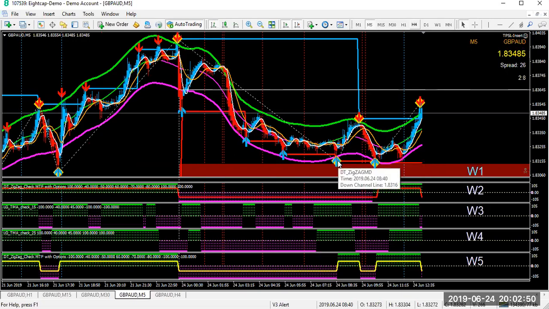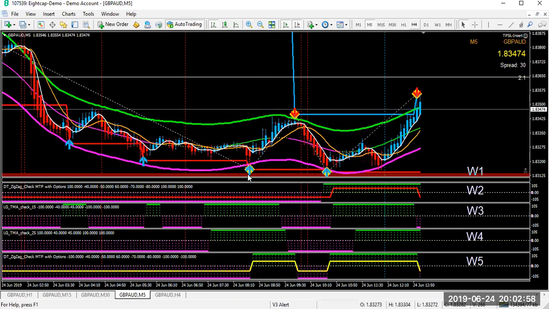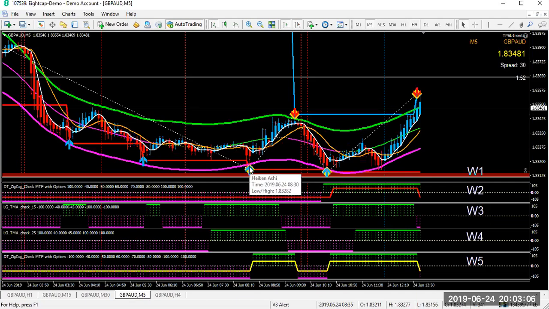Okay, so what it does is then it puts the focus back that the most ideal entries are going to come from very close to the riverbank, on the riverbank, or outside.